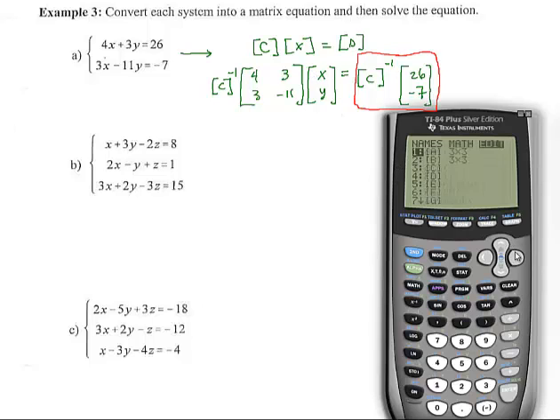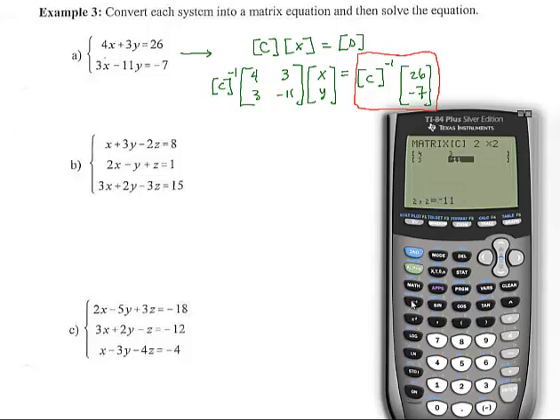For C, we scroll over to the edit screen and we select C. C is a 2 by 2. This is C. We're not entering C inverse. We have to calculate C inverse. We want to put these numbers into C: 4, 3, 3, negative 11. Enter. And we're done with that one.